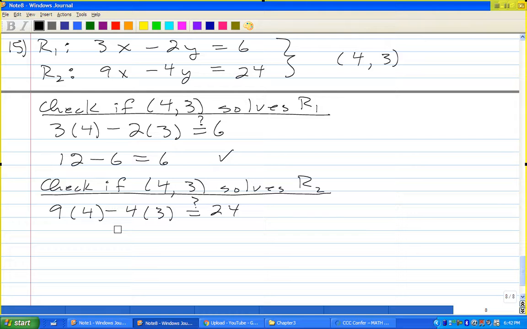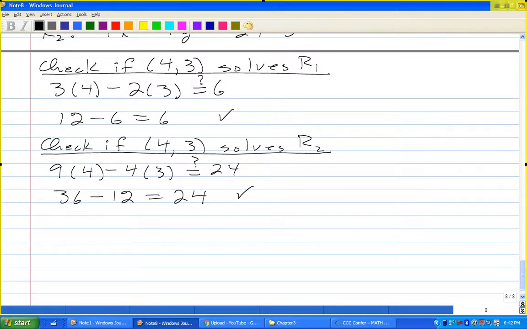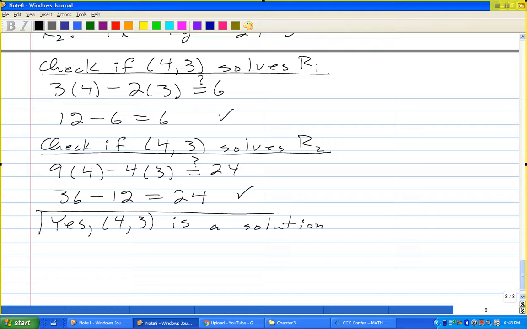So is 36 minus 12 equal to 24? Yes. And so yes, the ordered pair (4, 3) is a solution to the given pair of simultaneous linear equations.